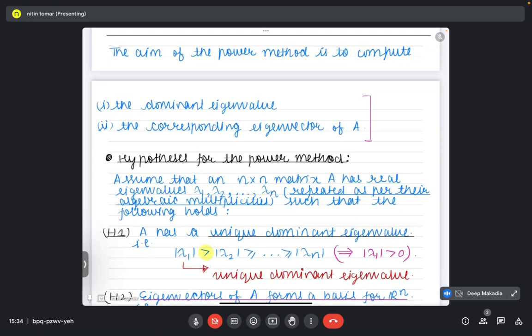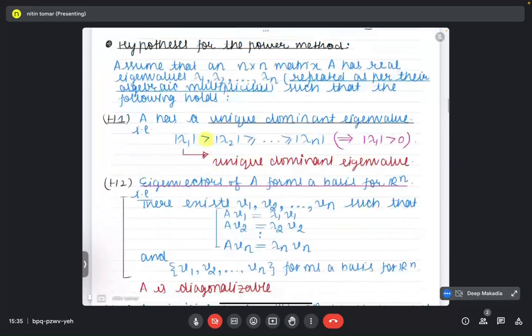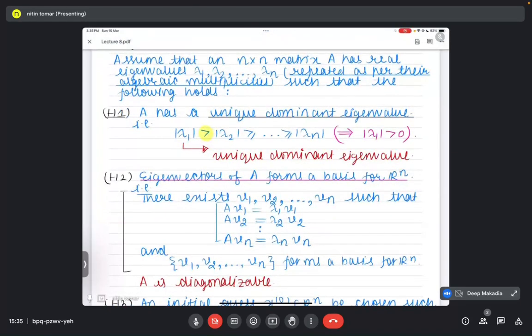Now these are repeated as per their algebraic multiplicities, such that the following holds.